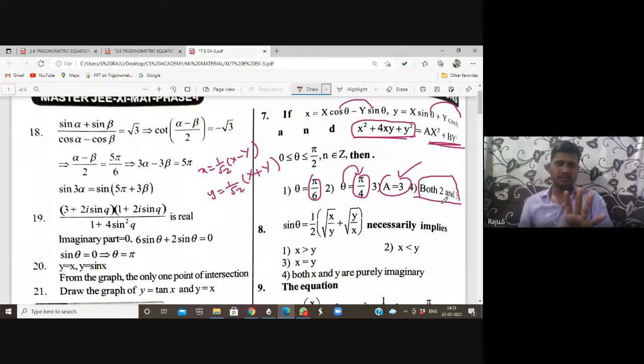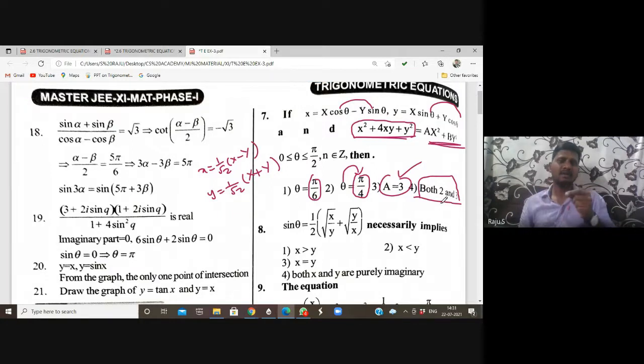Do you understand? Okay. So why I am substituted directly theta is equal to pi by 4 means one of the option, fourth option, they given a second, third, both will be right. So that instead of checking this pi by 6, I have taken pi by 4. When I take pi by 4, it will become a is equal to 3.